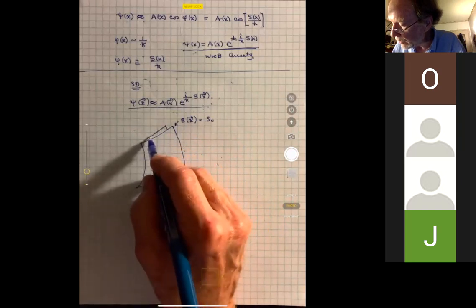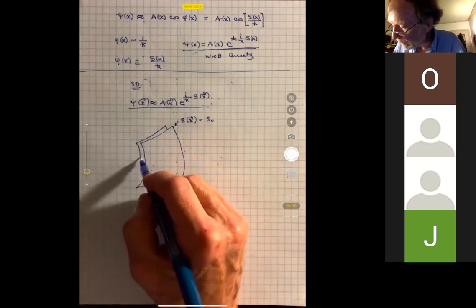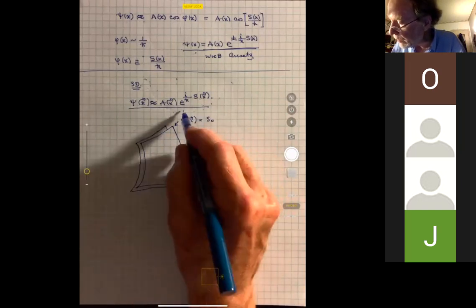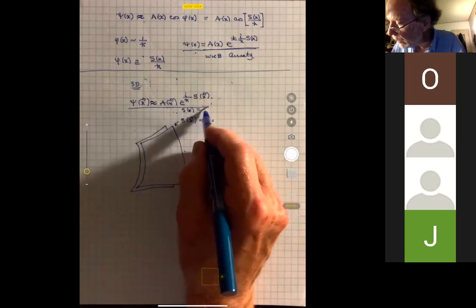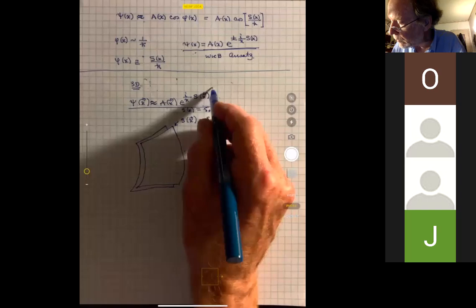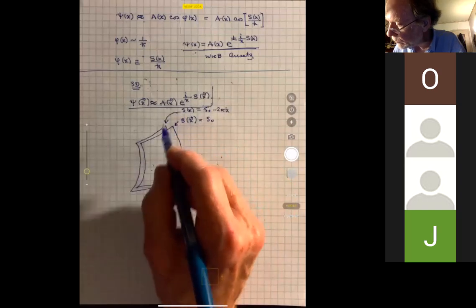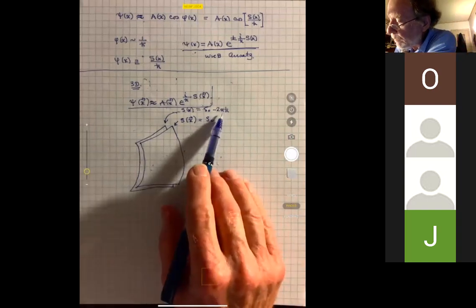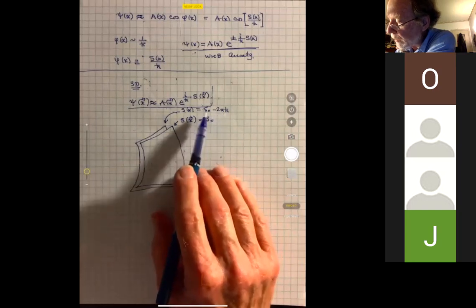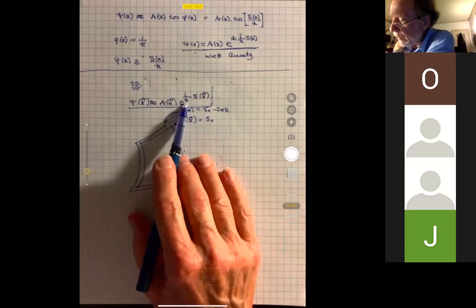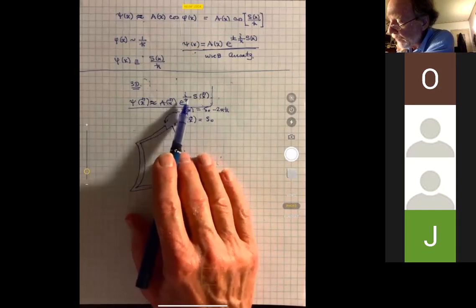Let me sketch another contour surface like this, which lies behind it, like so. And let's say this is S of x is equal to S0 minus 2 pi h bar. Let's make it that one there. Now the reason I did that is because adding or subtracting a multiple of 2 pi h bar to the function S, since we're dividing here, is just adding or subtracting a multiple of 2 pi to the phase.